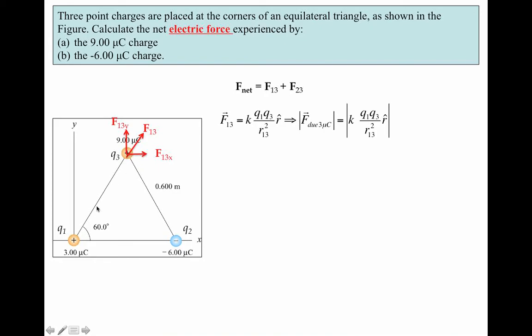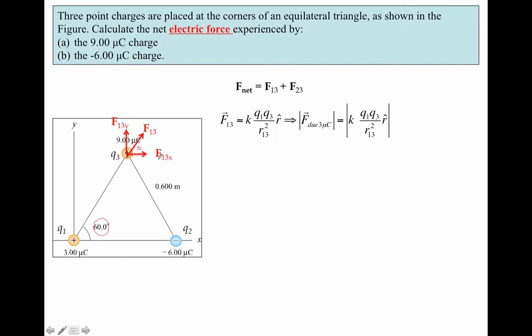So we'll start with F13, F1 on 3. Because this is positive and this is positive, F13 will be directed away along the line connecting the 2 charges, as usual, and it will have an X component and a Y component. This is the angle we'll be looking at, theta, which is the same as this angle here, which is 60.